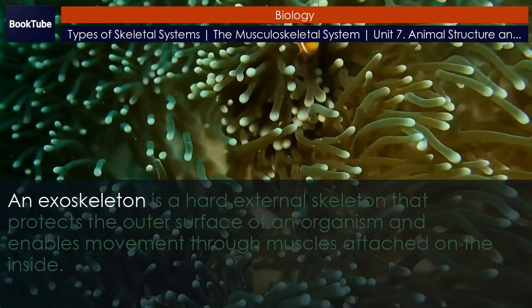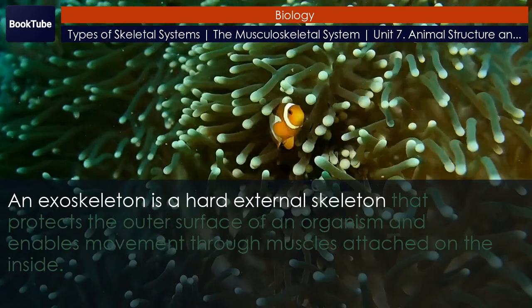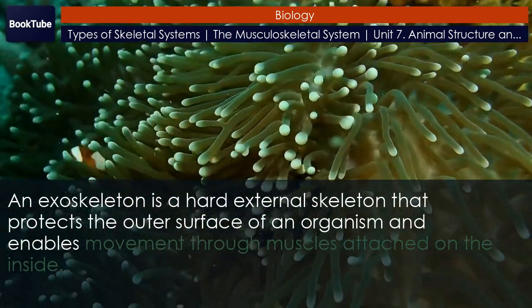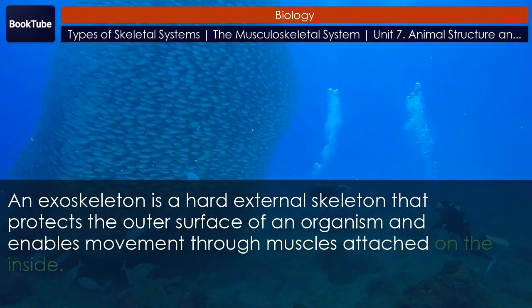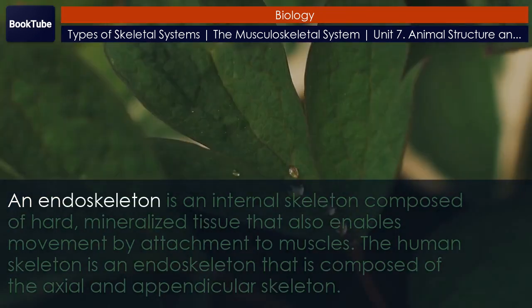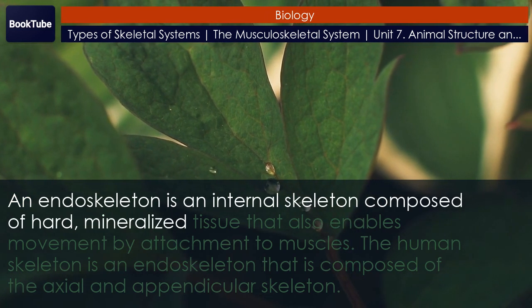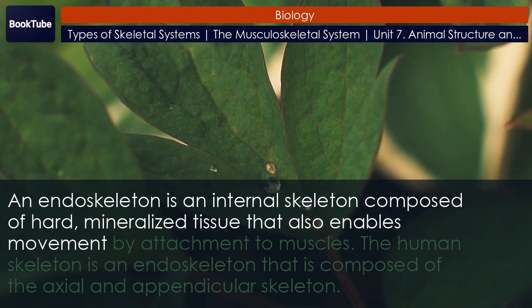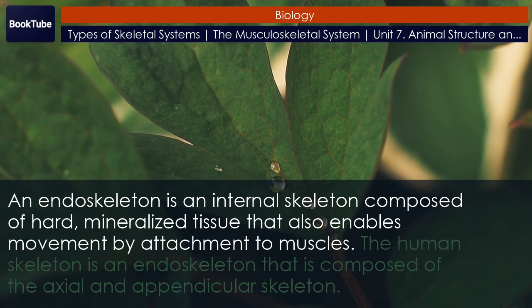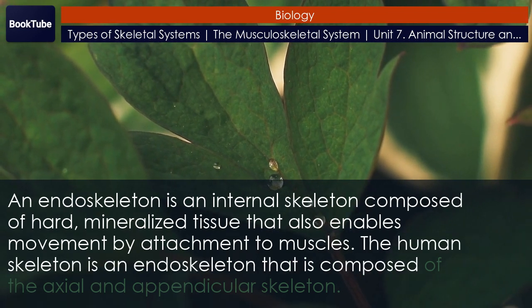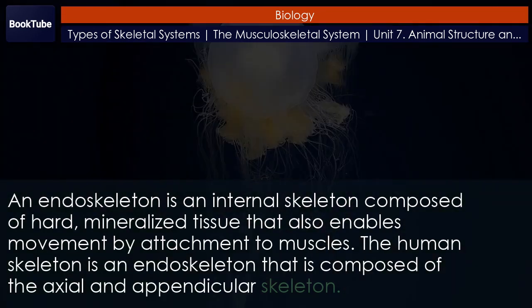An exoskeleton is a hard external skeleton that protects the outer surface of an organism and enables movement through muscles attached on the inside. An endoskeleton is an internal skeleton composed of hard, mineralized tissue that also enables movement by attachment to muscles.